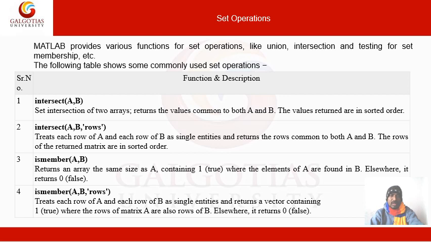Some set operations I want to discuss are intersect of A and B, intersect of A and B with rows, and ismember of A and B with rows. These are various functions to perform set operations like union, intersection, and testing set membership.